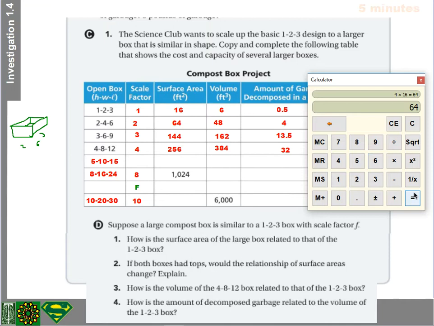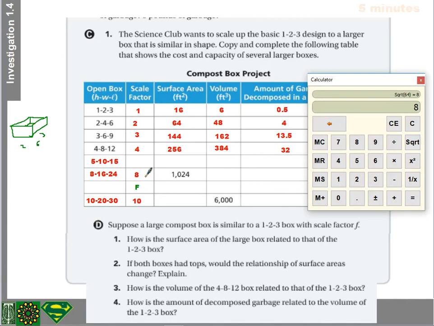Well, we could do the same thing here. The scale factor squared, 4 squared is 16. So 16 times 16 is 256. Well, we worked backwards here. We took this number, divided it by 16, and then took the square root to get the scale factor.